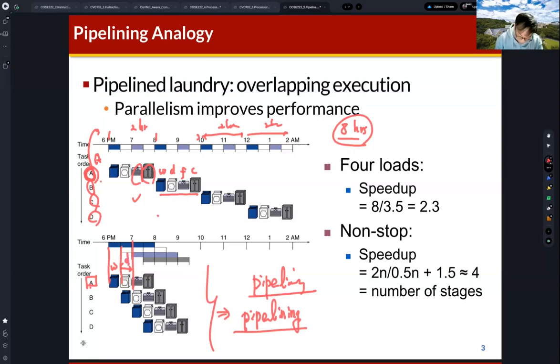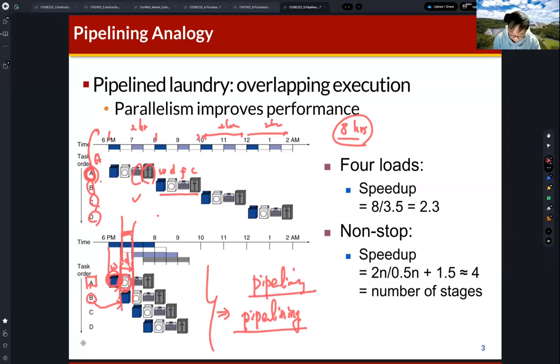So for this timeline, this washing machine is not occupied by task A, which means we can assign a new task to the washing machine, because for this time slot the washing machine is not utilized by task A. Task A is using a dryer.